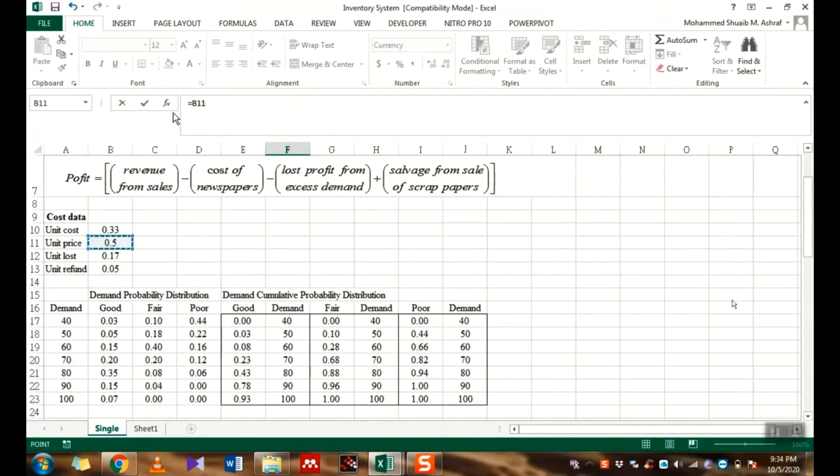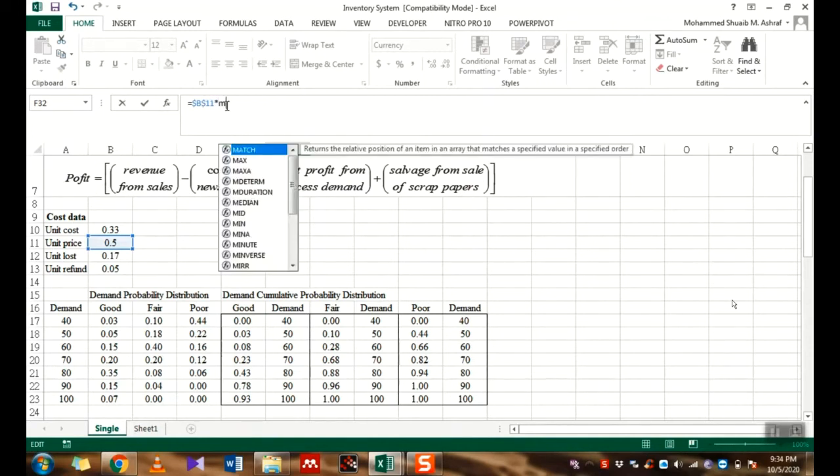So the formula will be the selling price, because we have to fix this cell, multiplied by, we will use the min function.